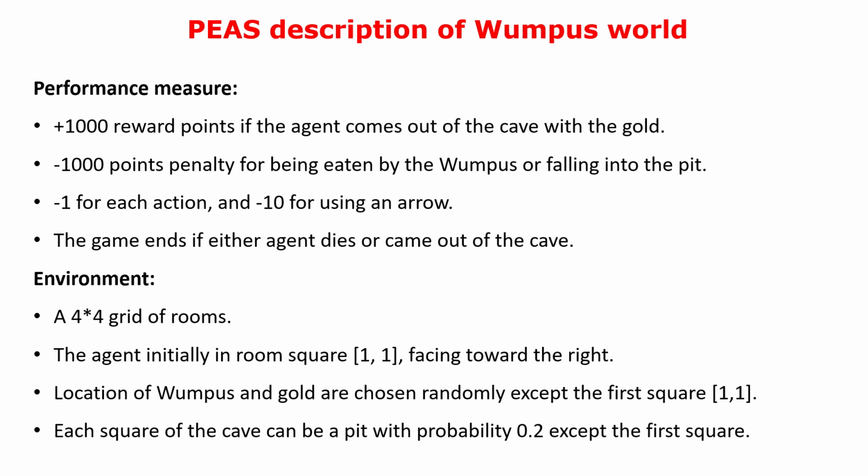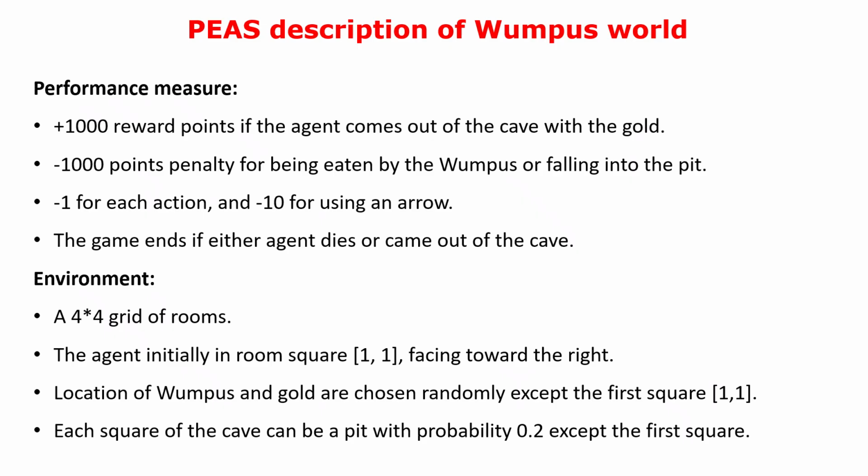There will be -1 for each action and -10 for using an arrow. For each action, while going left, right, up and down, you use -1, and -10 for using an arrow.